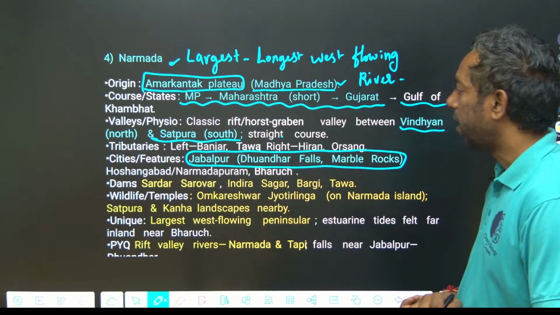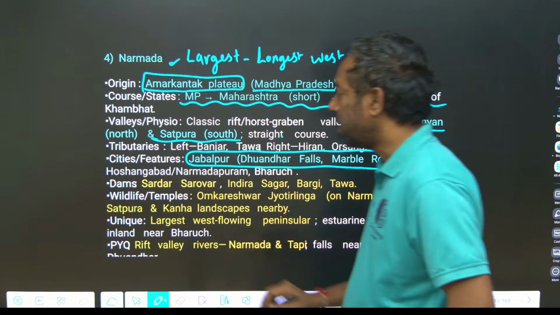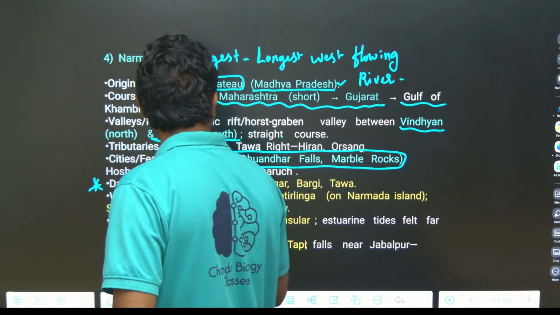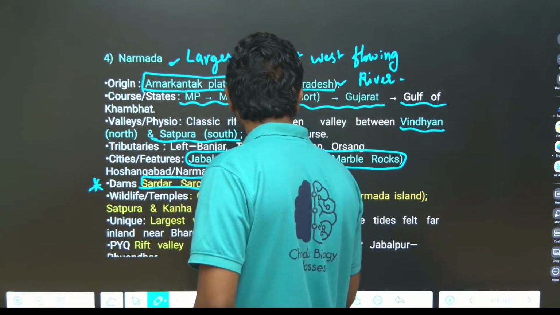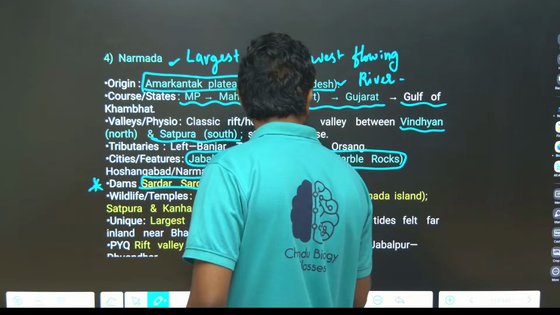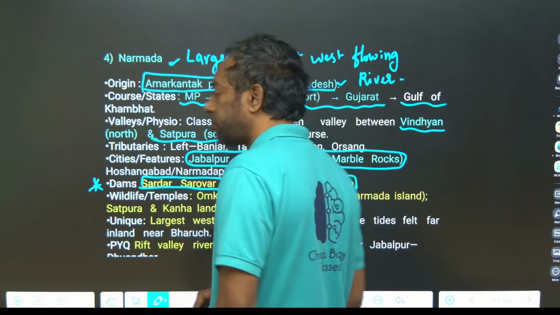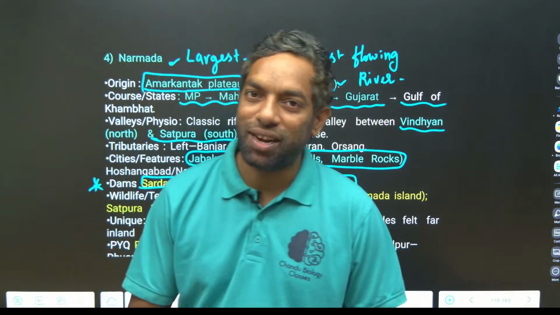There are dams, most important, guys: Sardar Sarovar Dam, Indira Sagar Dam, Bargi Dam and Tawa Dam. How many dams there are on one river, the Narmada river!